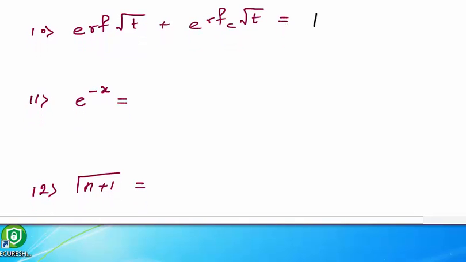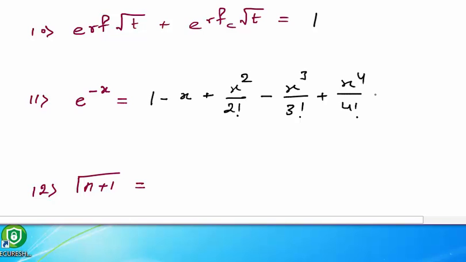E raised to minus x. Now there are some expansion formulas that we can apply, and this e power minus x, if I write using the expansion formula, will be 1 minus x plus x square divided by 2 factorial minus x cube divided by 3 factorial plus x raised to 4 upon 4 factorial and so on.